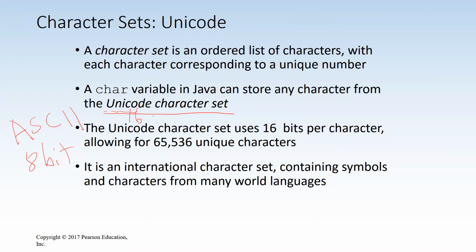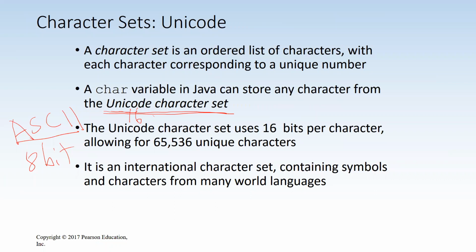So now we are using the Unicode character set, and ASCII is only a subset of Unicode. So basically what you want to remember is you use the Unicode coding scheme to make sure that any symbol in any language in the world can be represented.